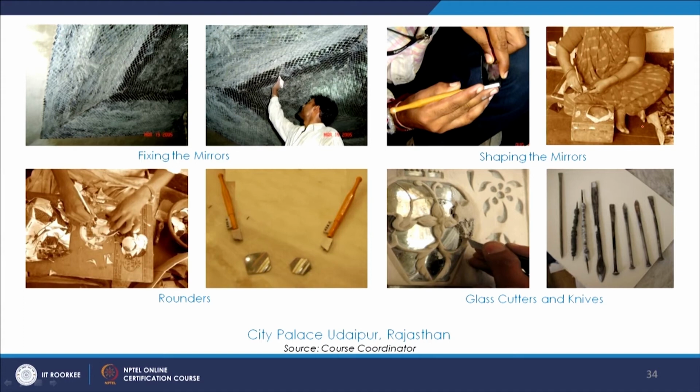So this is the system of working, and this is a sort of a process that has been adopted, from fixing the mirrors, shaping the mirrors, cutting them, using the rounders, and then using the technique of emboss or mosaic or different things.